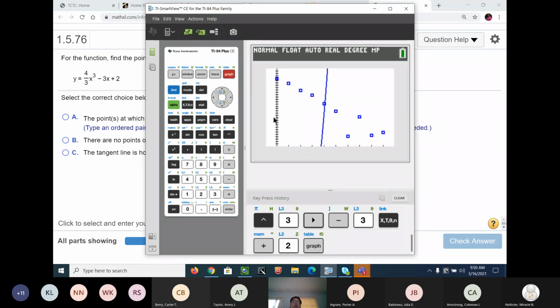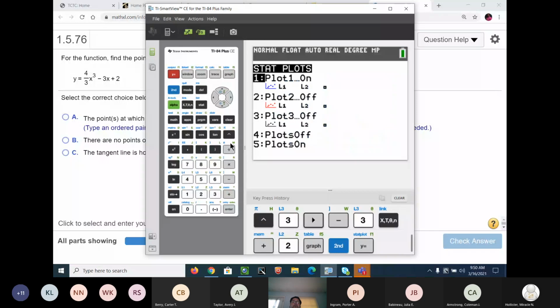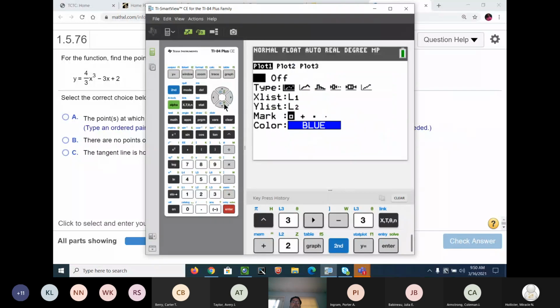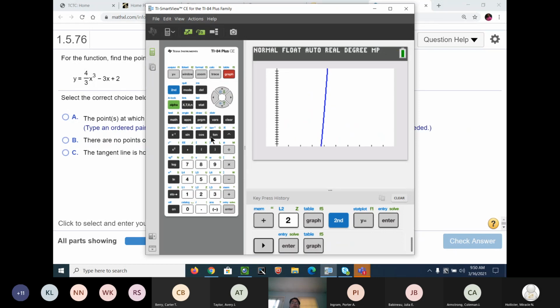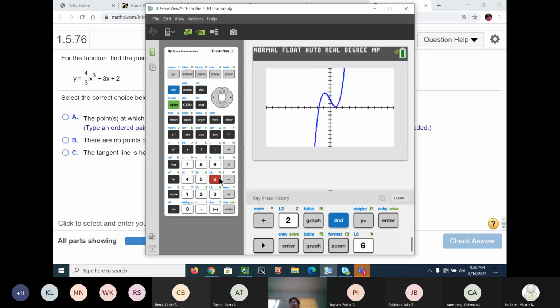Let me turn the stat plot off. Hit zoom standard or zoom fit. I think zoom 6. There we go. And we are lucky it does have the saddle in it. So we need that vertex right there and that vertex right there.